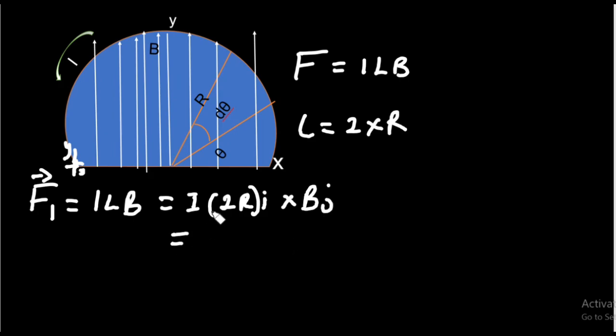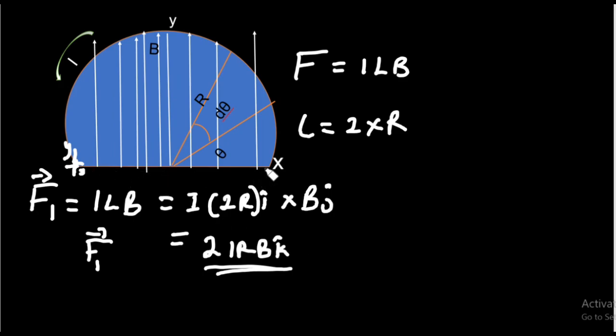So we can now have something like this: 2IR B, and if you cross i and j, you get k. So the force on the straight segment is 2IRB k, where k is the unit vector. So this is how to find the force on the straight segment.